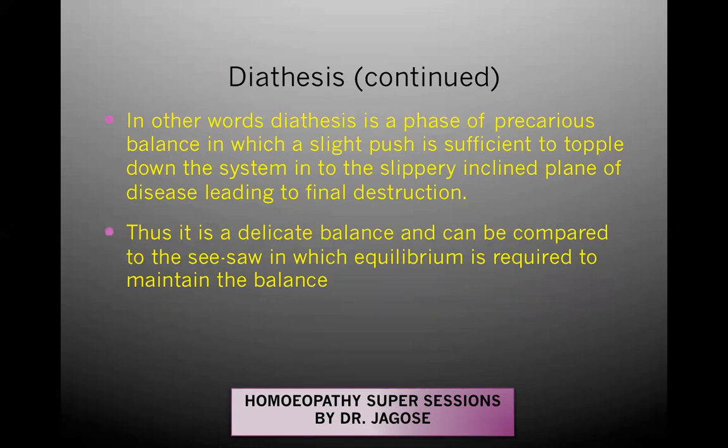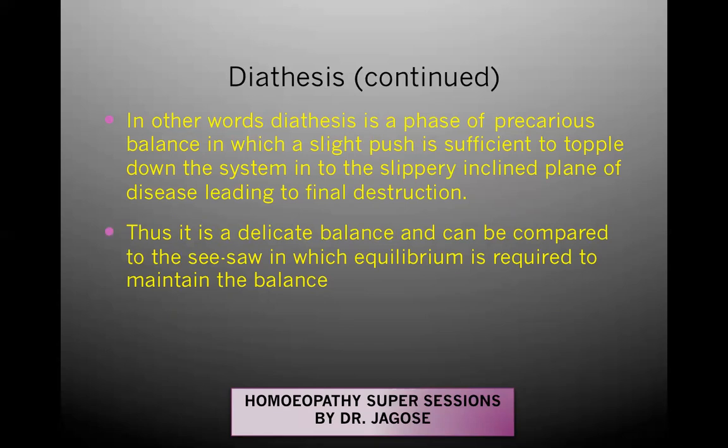Thus, diathesis is a delicate balance and can be compared to a seesaw in which equilibrium is required to maintain the balance. Just like in a playground, you see a seesaw. Two children are sitting and both of them are enjoying. As long as both of them are in equilibrium, the seesaw will go up and down.